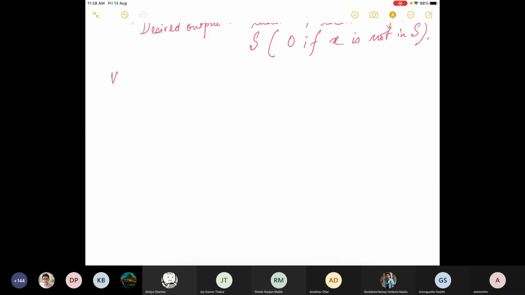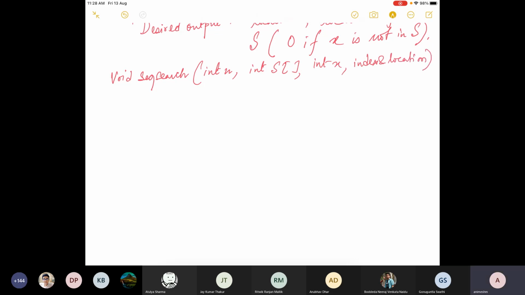So now the C style: you have n, say it's an integer array, you have the search key, and the last one, index ampersand, is an index pointer.